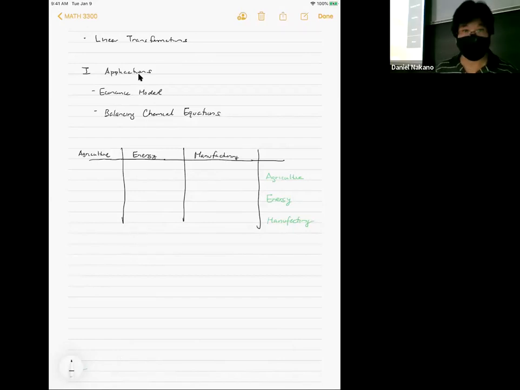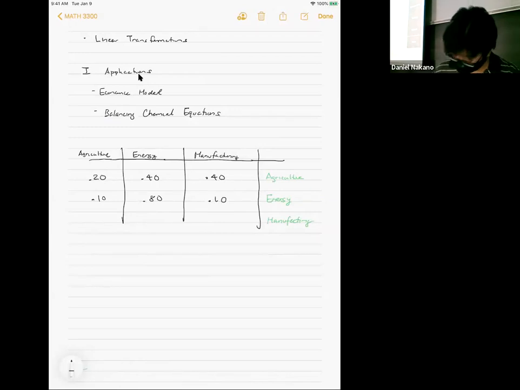So agriculture is going to keep 20% of its resources. It's going to give 40% to energy, and 40% to manufacturing. Energy is going to keep 10%. It's going to give 10% to agriculture. It's going to keep 80%, and it's going to give 10% to manufacturing.